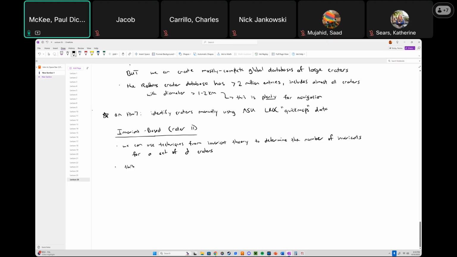This is much easier said than done. Recall from our star tracker unit that if we have D stars, those will have 2D minus 3 invariants if camera attitude is unknown.